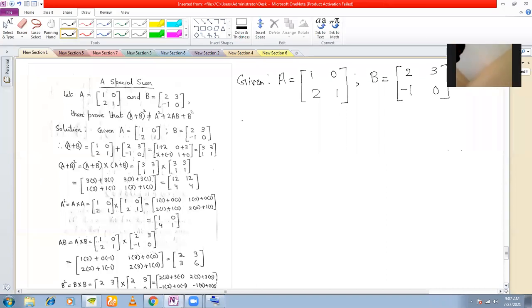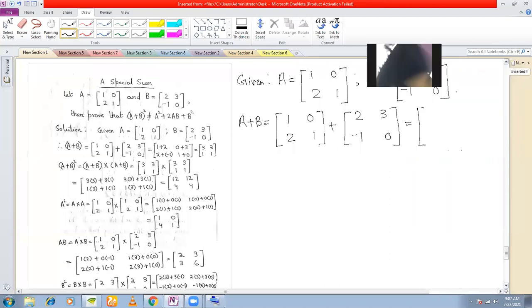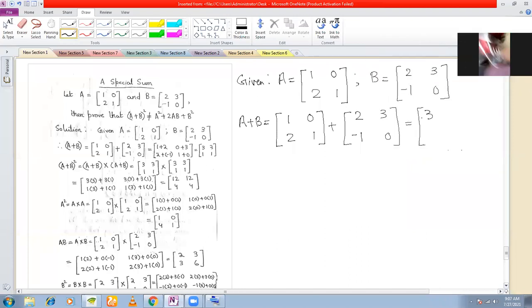So let us first find out A plus B. So A plus B is equal to, add these 2 matrices. 1 plus 2 will give you 3. 0 plus 3 will give you a 3. 2 minus 1 will give you 1, and 1 plus 0 will give you 1. Okay, so this is my A plus B.